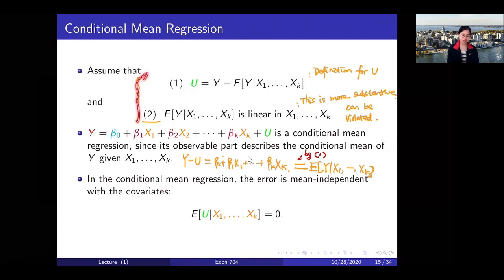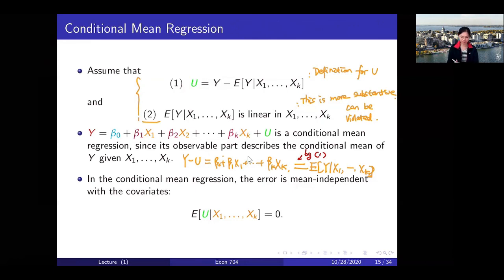When you make these two assumptions, this colorful equation is the conditional mean regression, in which the observable part describes the conditional mean of y given x1 to xk. And assumptions 1 and 2 also imply something else: the error term u is mean independent of the covariates. In the first half of the semester, we learned about the concept of mean independence, which, remember, is an intermediate concept between zero correlation and full independence.